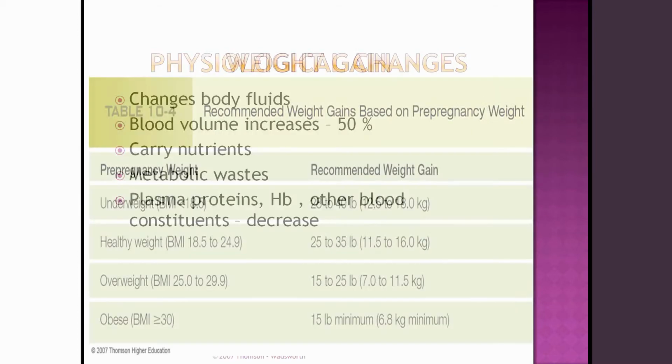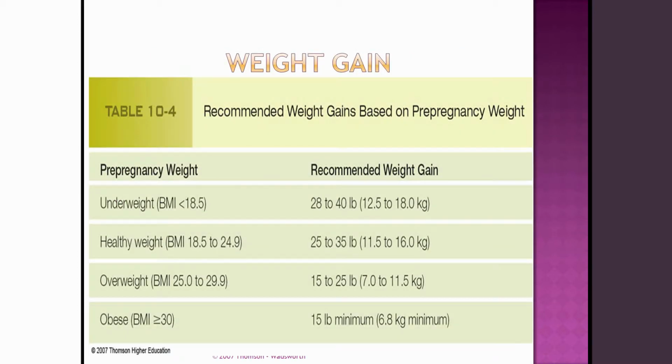Here we can see underweight, with a BMI less than 18.5. Those women can gain up to 12.5 to 18 kg.